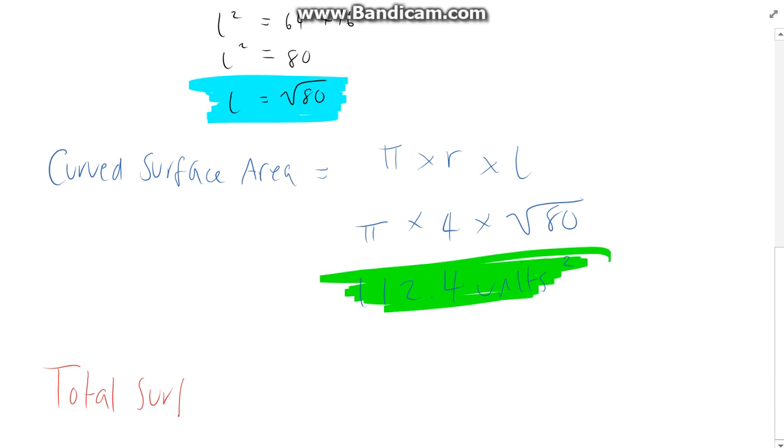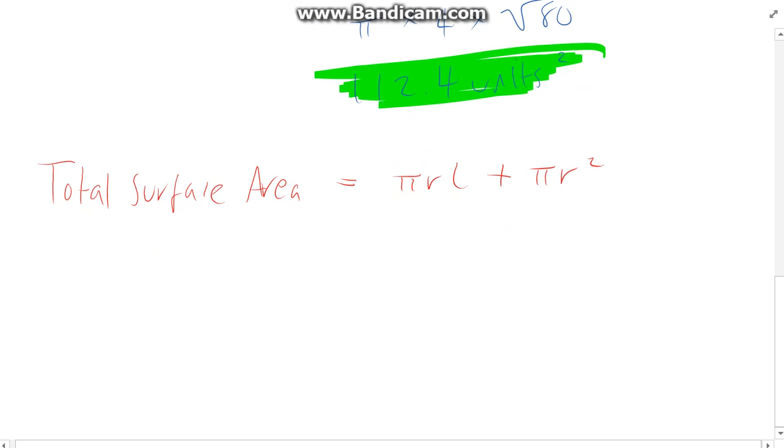Remember, in the cylinder we had 2 circles, the top and the bottom. In the cone we have only 1 circle, the base. So our total surface area will be pi r L plus pi r squared to represent that circle at the bottom. Pi r squared is your circle and pi r L will be all this section here.